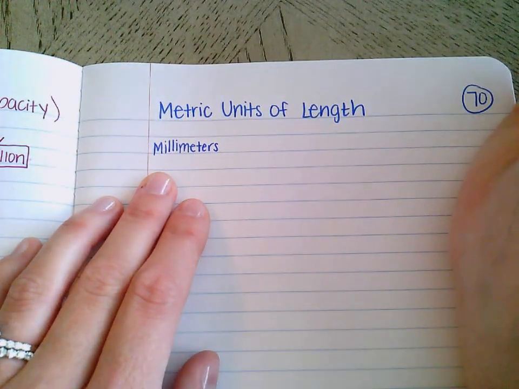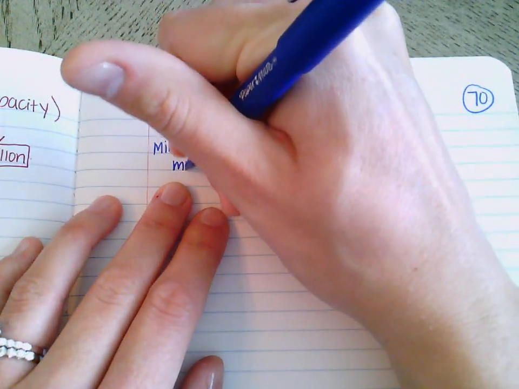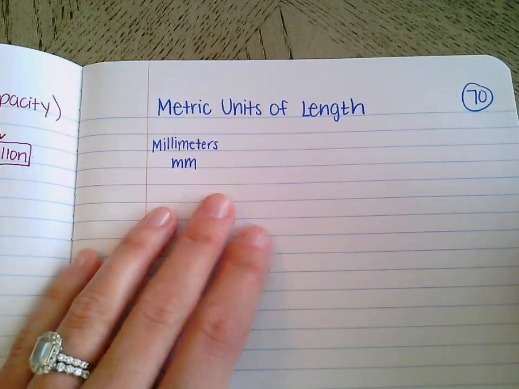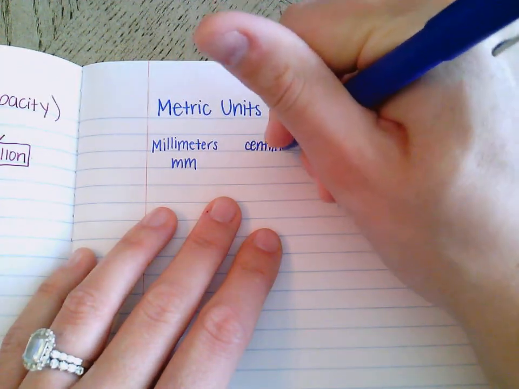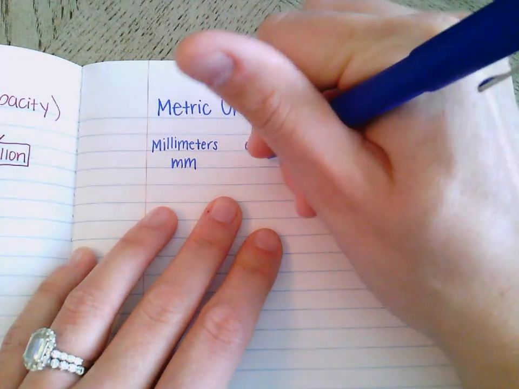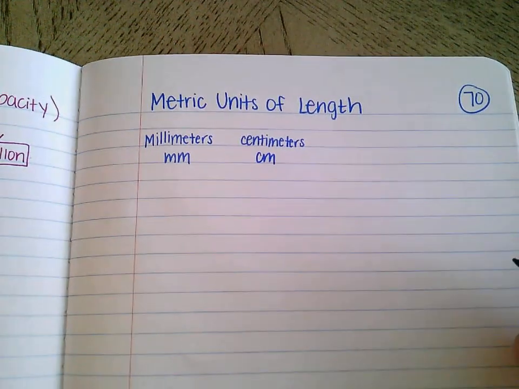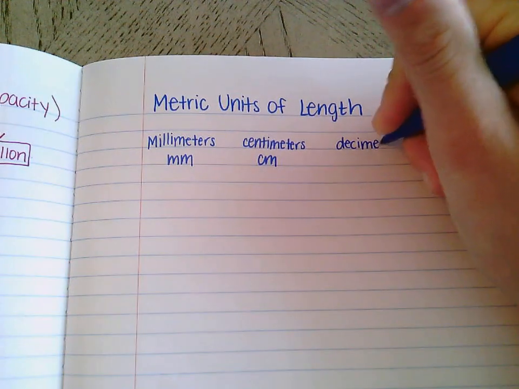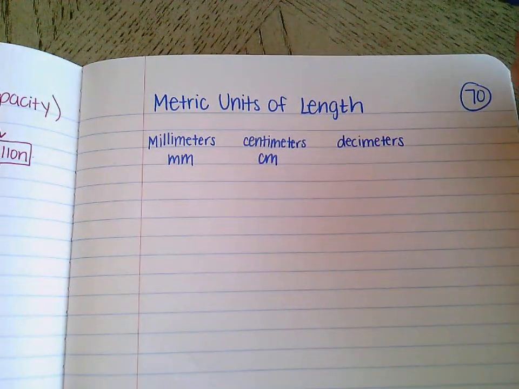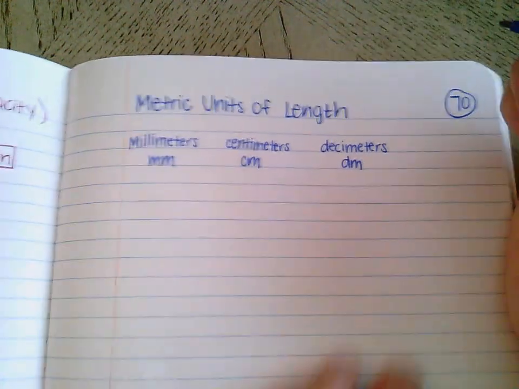millimeters. And then under that, I want you to write mm. Then I want you to go over a little and write centimeters, cm. And then go over a little, decimeters, dm.